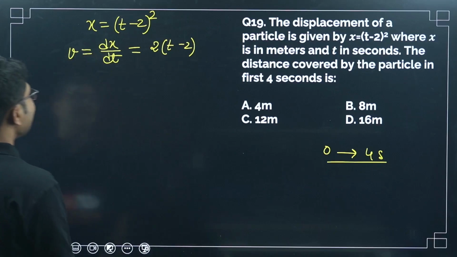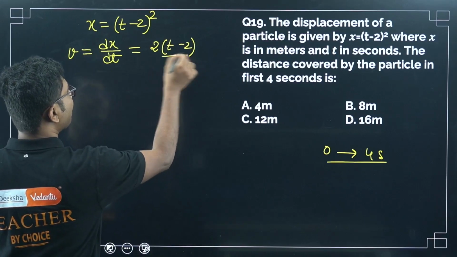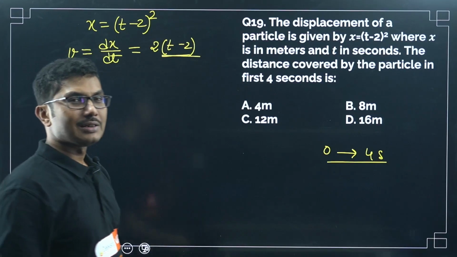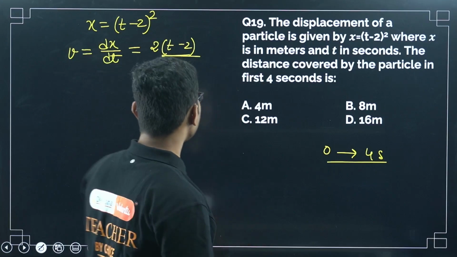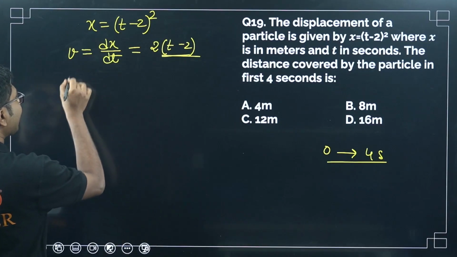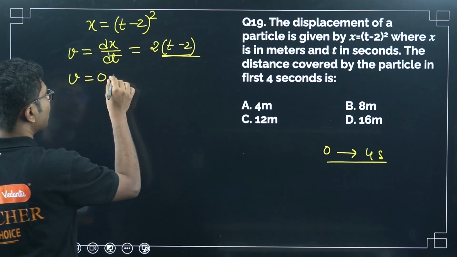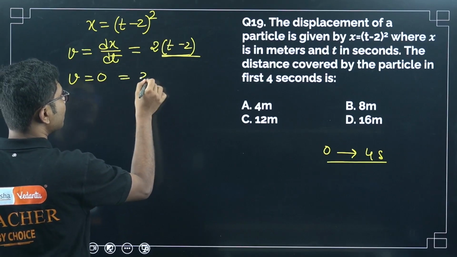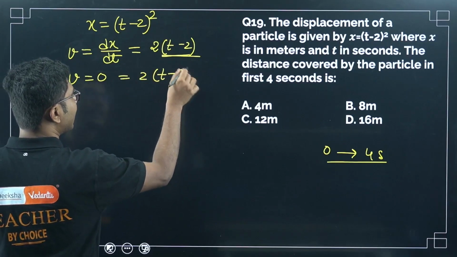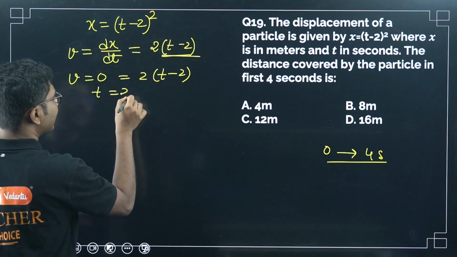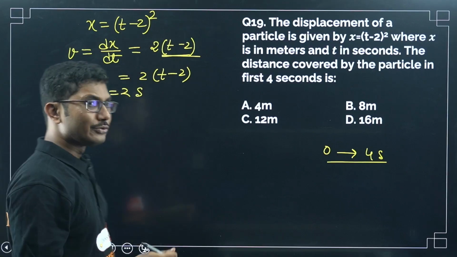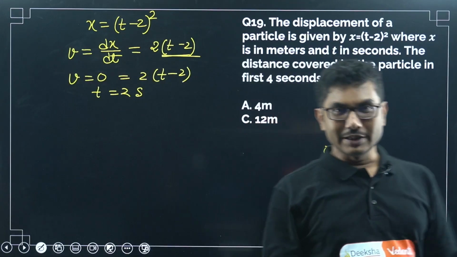Here you can see that there is a point in between where velocity becomes 0. So this is not so simple. Let's put velocity v equals 0, that is 2 into (t minus 2) equals 0, that is t equals 2 seconds. At t equals 2 seconds, the velocity becomes 0, right?